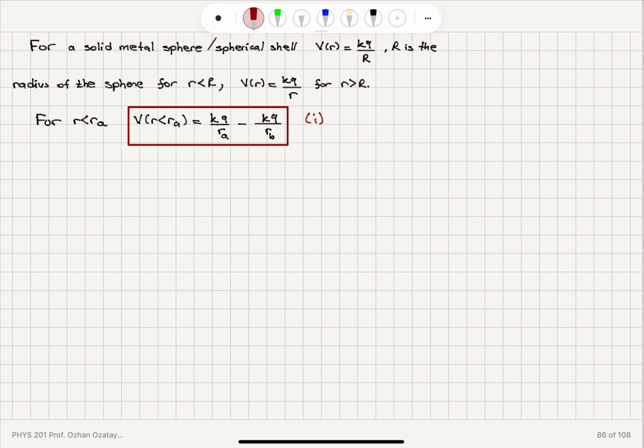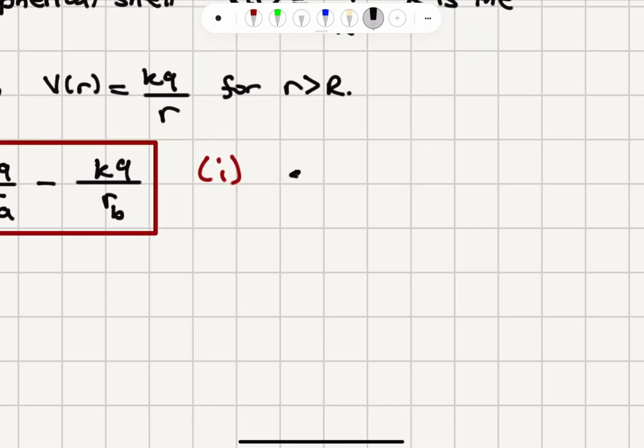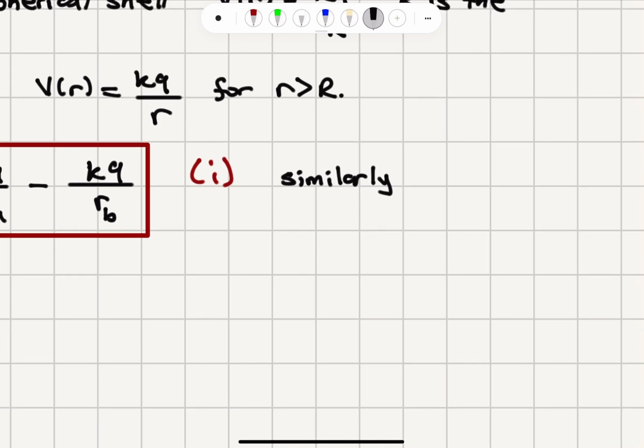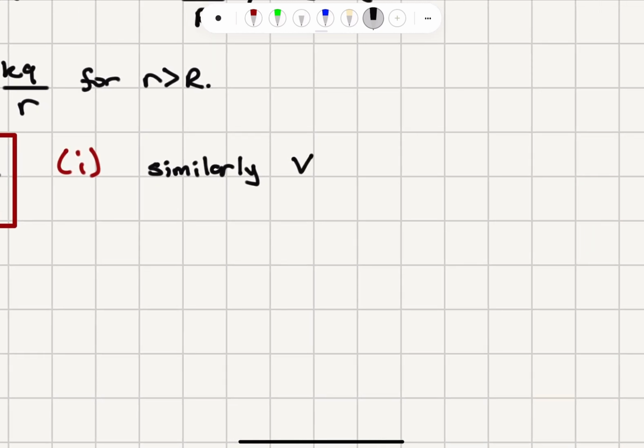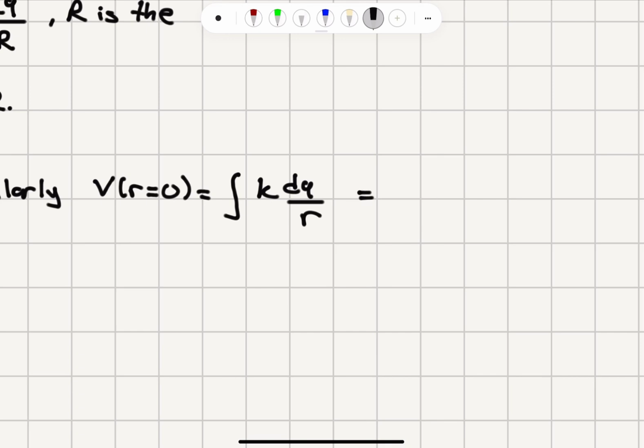Now, I can also say that similarly, I could have used the potential at r equal to 0 is the integral of k dq over r, which is going to be equal to kq over r sub a minus kq over r sub b, considering both regions.